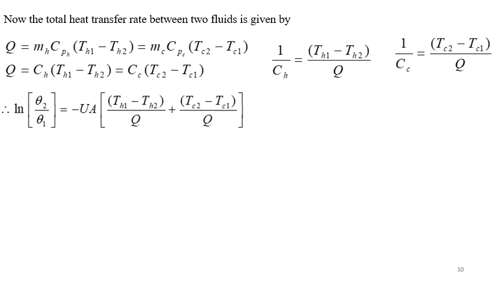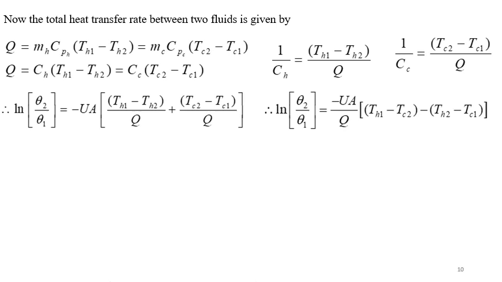We will substitute that in the equation ln theta 2 by theta 1 equal to minus UA [(TH1 minus TH2) by Q plus (TC2 minus TC1) by Q], and taking Q as a common term, we get ln theta 2 by theta 1 equal to minus UA by Q [(TH1 minus TC2) minus (TH2 minus TC1)]. Now TH1 minus TC2 is nothing but theta 1, and TH2 minus TC1 is nothing but theta 2.